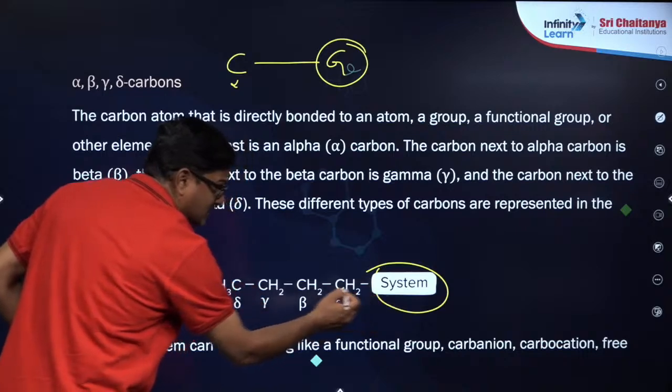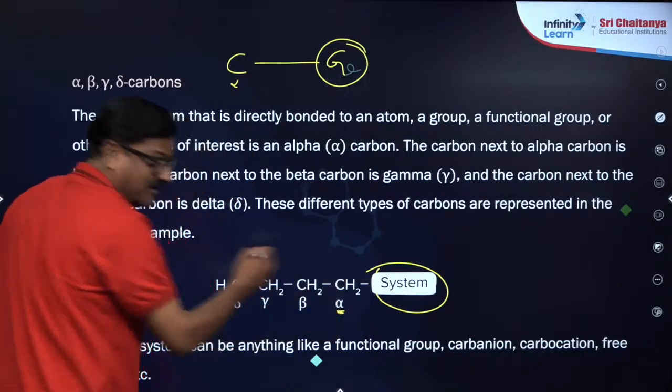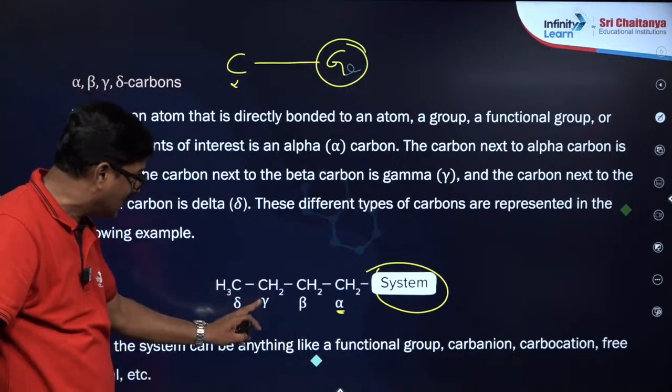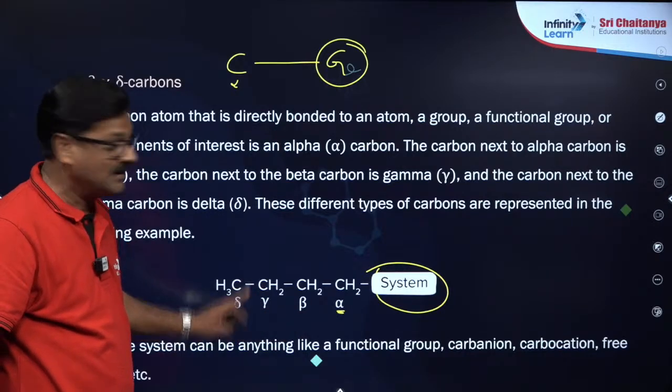ये सिस्टम का हिसाब से ये पहले जो कार्बन एटम है ना, ये अल्फा बोलेगा, इसका बगल वाले बीटा होता है, ऐसे गामा एंड डेल्टा, समझे?